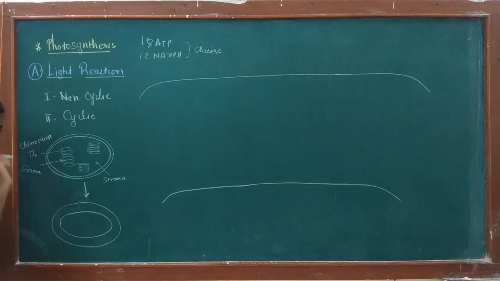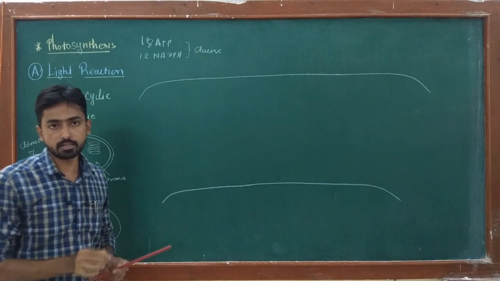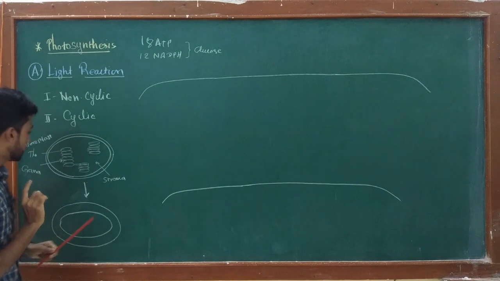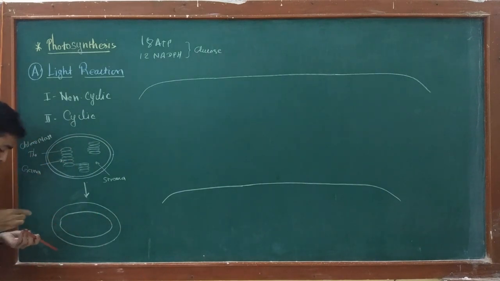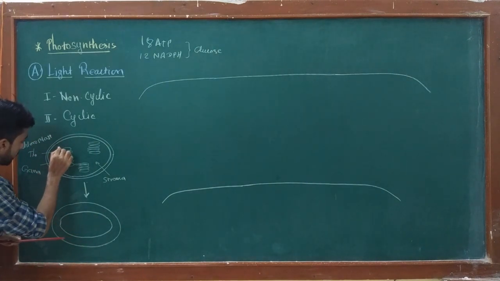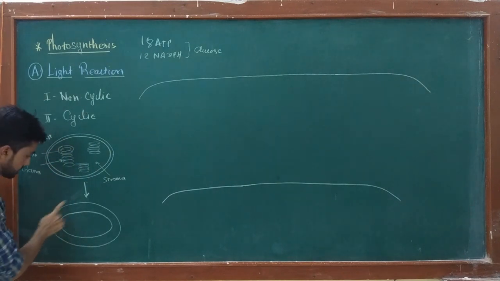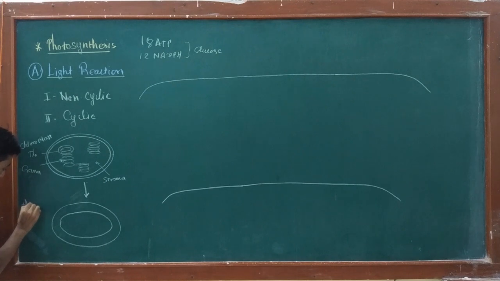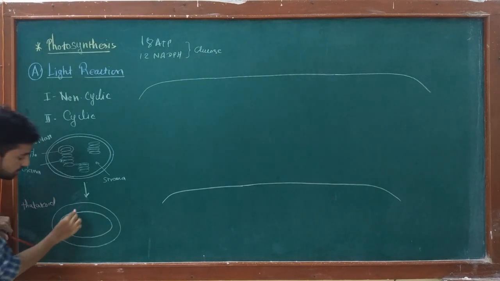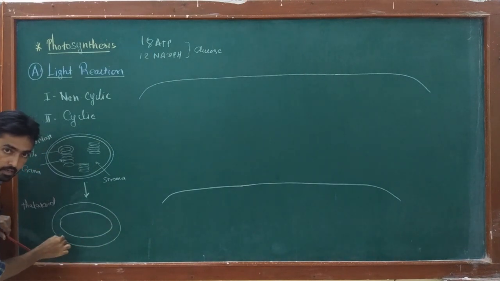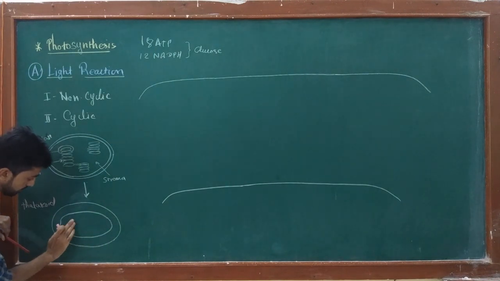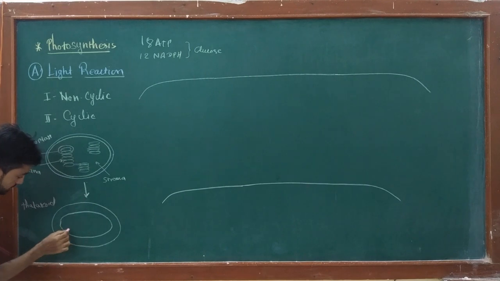If you want to understand the actual mechanism of light reaction, you have to focus on the thylakoid structure. So I draw a single thylakoid sac here. The thylakoid also has a phospholipid membrane, and the internal portion of the thylakoid is called the lumen.